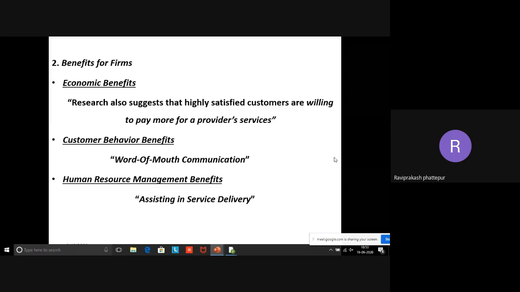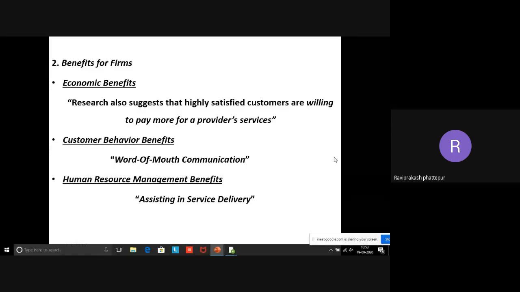At times the customer will also help you in delivering. For example, if it is a restaurant and the customer is very good, he might wait for you if anything happens and there is a delay. Or if he does not have a good relationship with the firm, he may move away if the food is delayed or not of a particular quality.